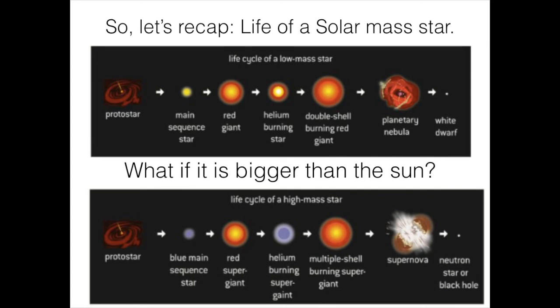Now, in the end, the supernova is going to be gone, and all that's going to be left is the neutron star or black hole with your supernova material and the nebula on the outside. Okay, so we'll talk very soon about that idea of neutron star versus black hole.